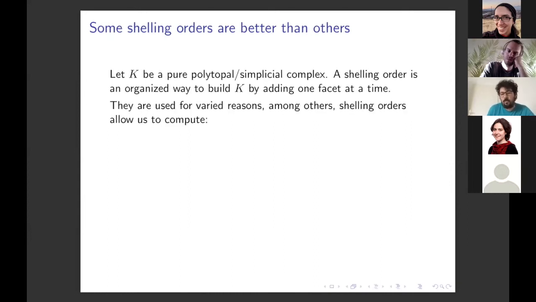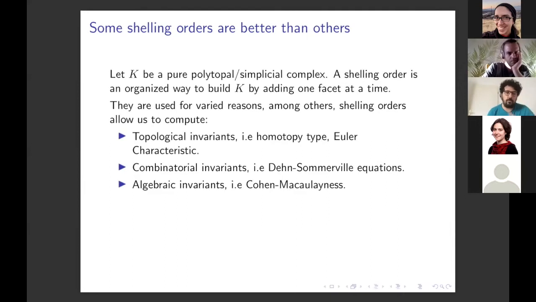There are many different reasons to like Shelling orders, and I'll go into details in a second, but they allow us to compute many interesting things about a simplicial complex or a polytopal complex. For example, we can keep track of topological invariants like the homotopy type, or if you want something simpler, the Euler characteristic, every time we add a new piece to the puzzle.